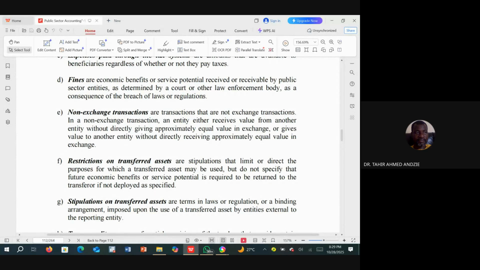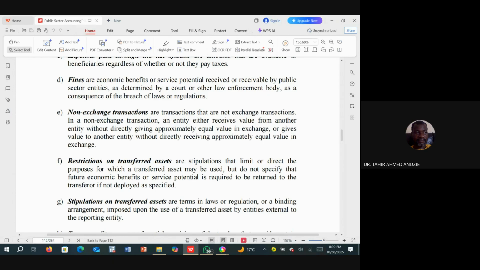In a non-exchange transaction, an entity either receives value from another entity without directly giving approximately equal value in exchange, or gives value to another entity without directly receiving approximately equal value in exchange.